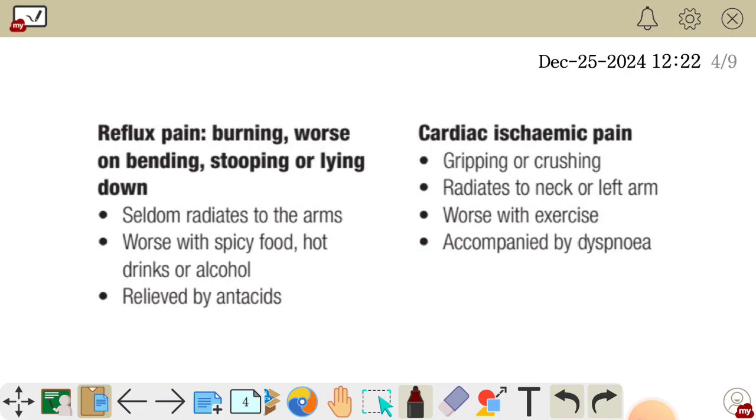But the cardiac ischemic pain is worse with exercise. The patient will say, when I do exercise or certain work, the pain gets worse, and it is mostly accompanied by dyspnea, which is difficulty in breathing. That's how we can differentiate reflux pain from cardiac ischemic pain.